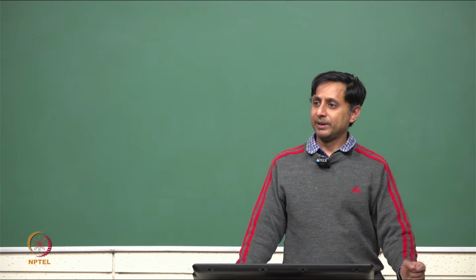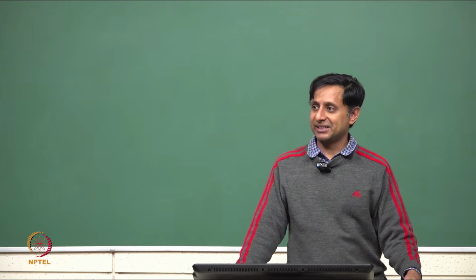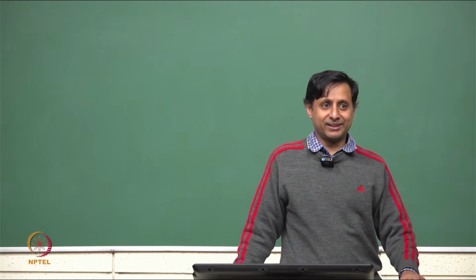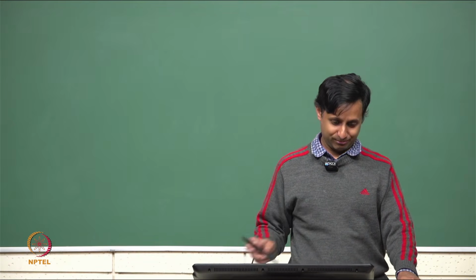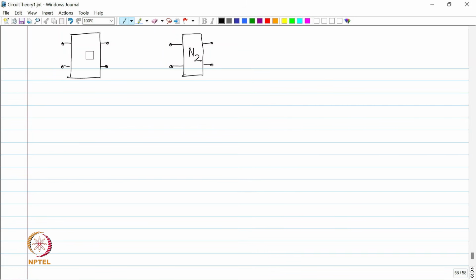Now, I open up and see, oh, one was in a star formation and the other was in a delta formation. This one was like a T, and N2 was like a pi.